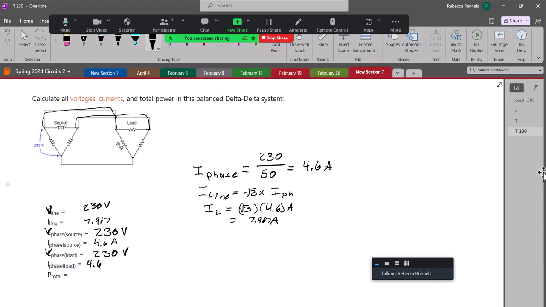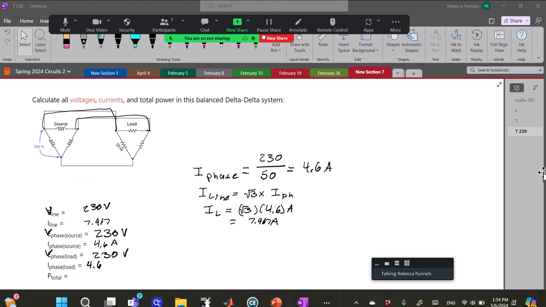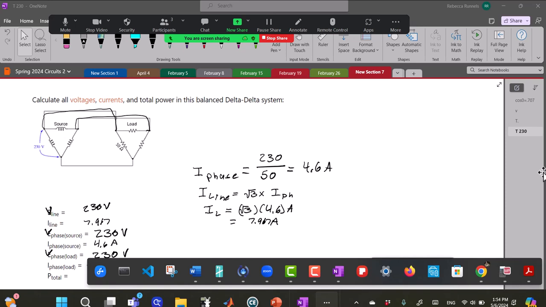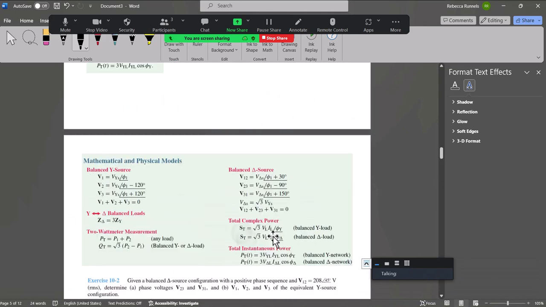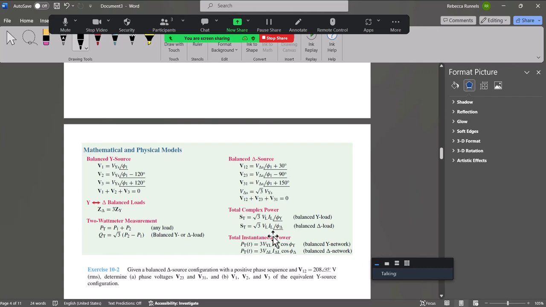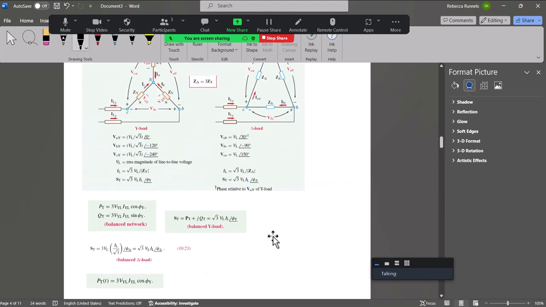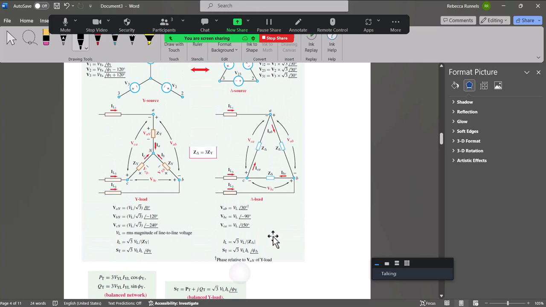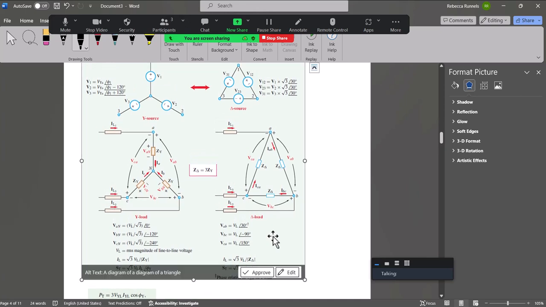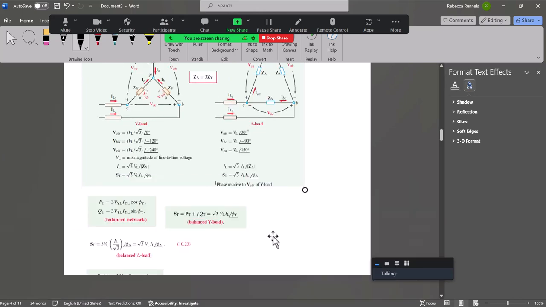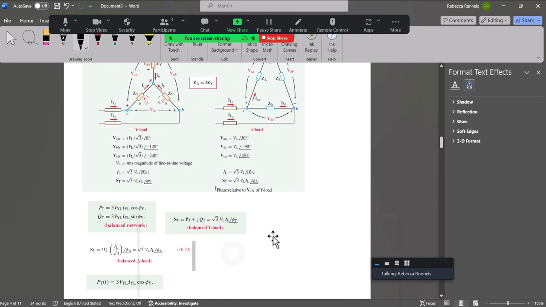And our total power, if we go and look here, should end up being the same.